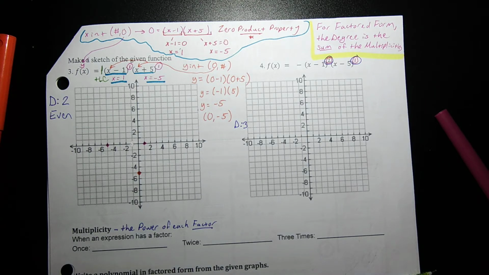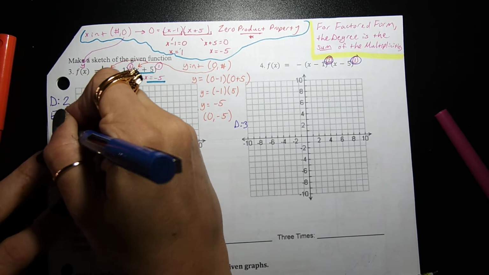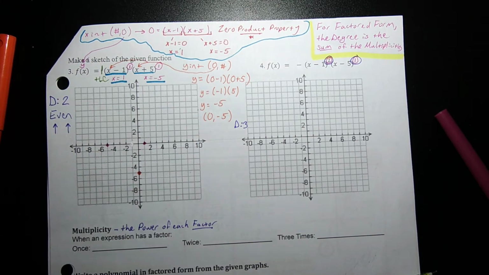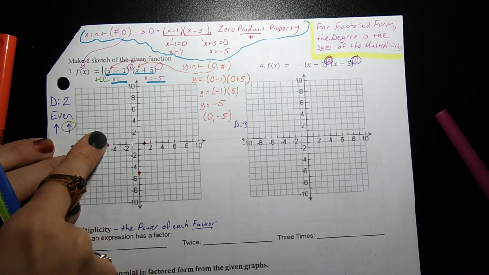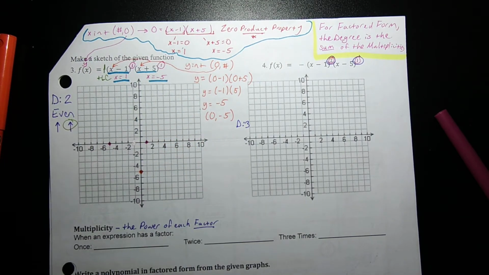Up and up. So even degree functions go in the same direction, and because the leading coefficient is positive, that right arrow is going to go up. So I know my end behavior is up and up. So now, not only do we have those 3 exact points, we also know that my end behavior is going to be an arrow up here and an arrow over there. So we're starting to get a pretty good looking sketch from this.